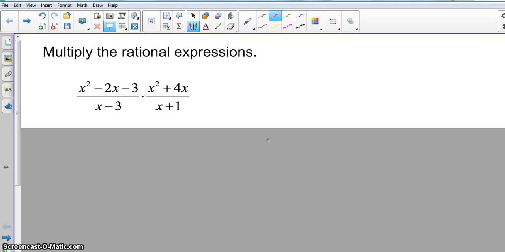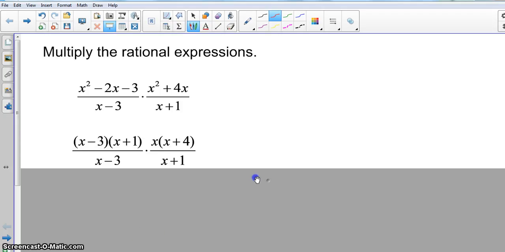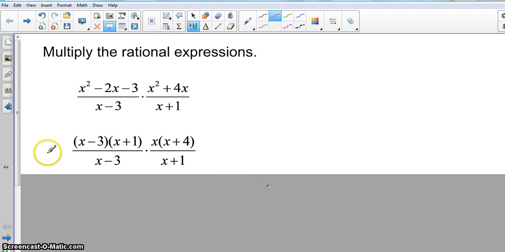So just like when we wanted to simplify rational expressions, we first want to factor whatever we can. So I'm going to factor the top, the numerator of my first fraction, and get x minus 3 times x plus 1.